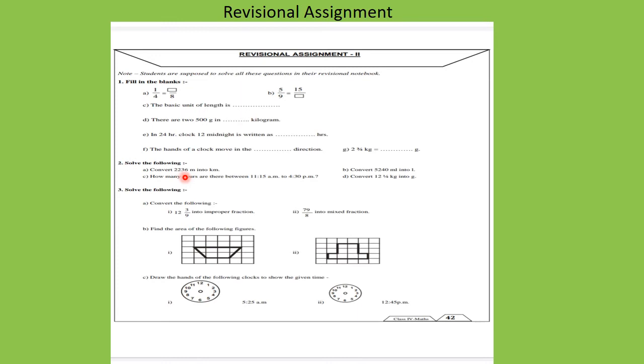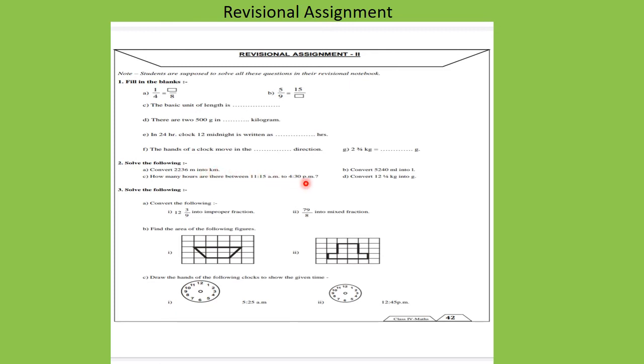Here you are not going to write the answer in kilometers and meters separately, because in the question you simply have to convert 2236 meters into kilometers. But if it was mentioned that you need to find the answer in kilometers and meters, you would have converted it into meters as well. Here the answer would be 2.236 kilometers.